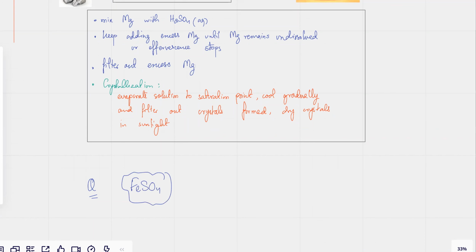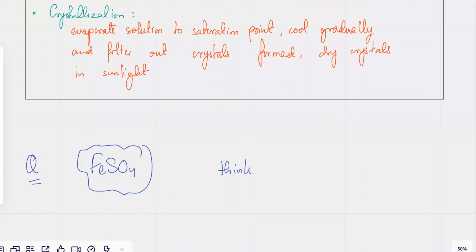Think of an equation. That's the first part. You can use a metal plus acid, base plus acid. Once you think of an equation, you write the states for that equation, and based on the states, figure out whether you can use the excess method or not.